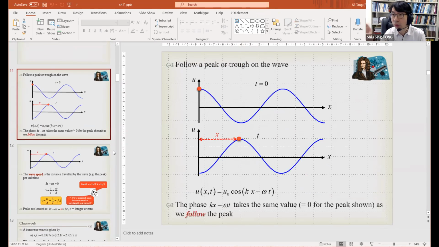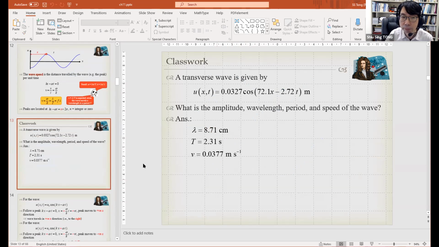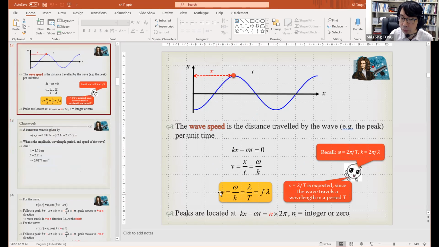We also followed the position of a peak along the wave. After following it for a time t, the position of the peak advances forward by a distance x, and we are able to find that the velocity of the wave, which is x over t, is given by omega over k.